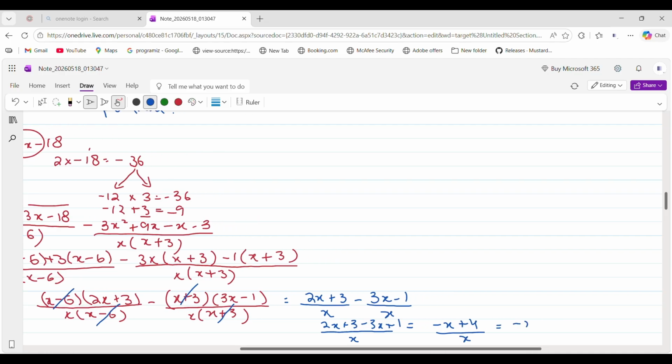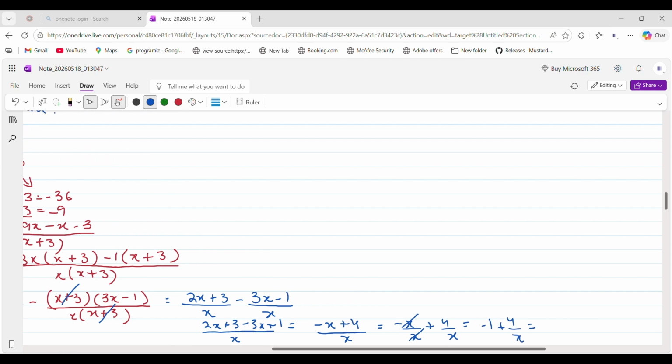So basically minus x by x plus 4 by x, right? X cancelled. So minus 1 plus 4 by x. I can also write it like this, 4 upon x minus 1.